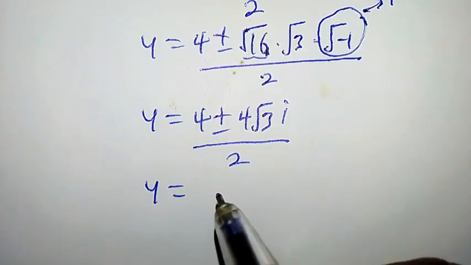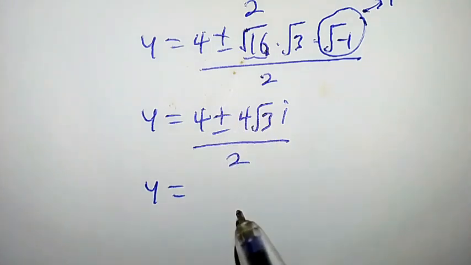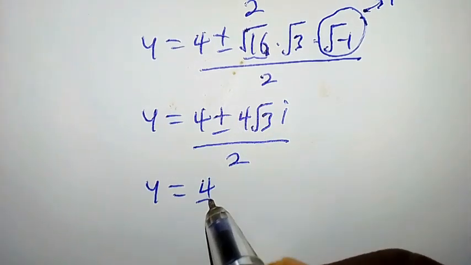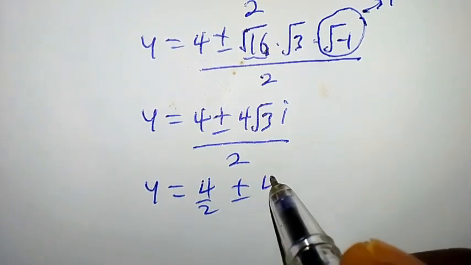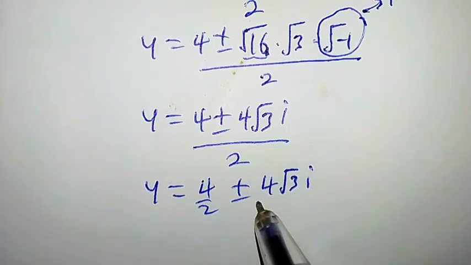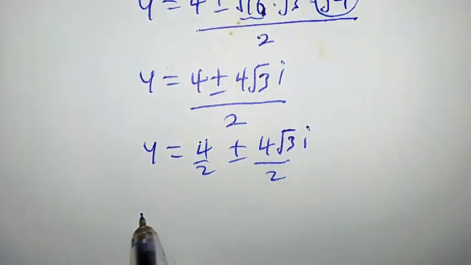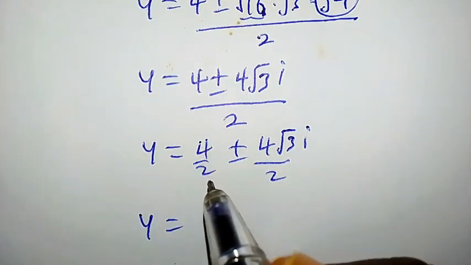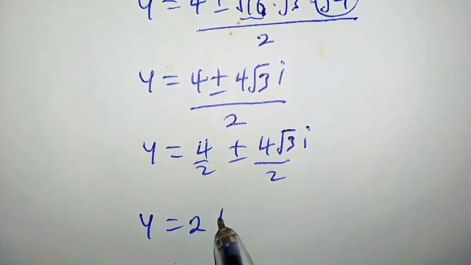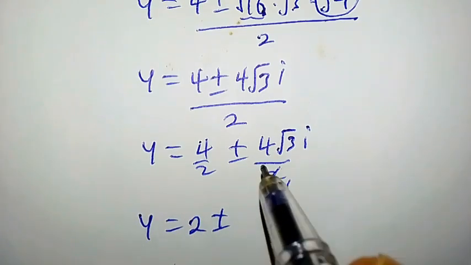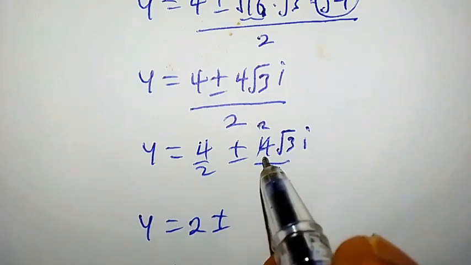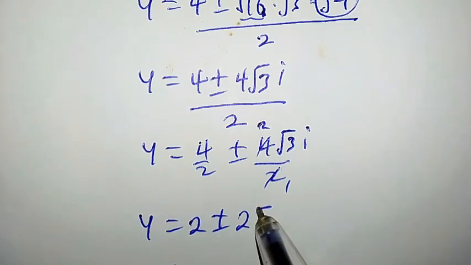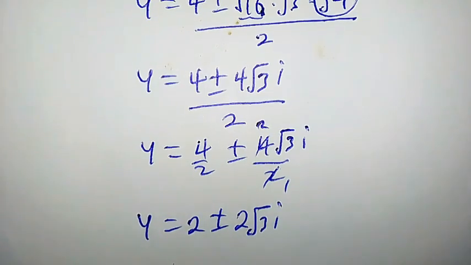This right hand side could be written as 4 over 2 plus or minus 4 root 3 i over 2. y equals 4 divided by 2, that is 2, plus or minus 2 here, 2 in 4, that is 2. We are left with 2 root 3 i.